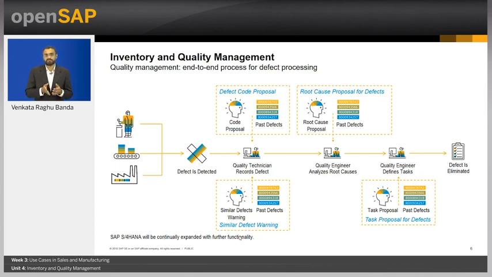The first section was focused on inventory management, a continuation of unit 3, where we identified how a production planner, in addition to an inventory manager, can identify and maintain the stock levels so that the stock is not too high or too low, and levels are maintained at a better rate. And then we went into a demo of that particular use case, identifying what is a predictive scenario and how it is embedded into the S/4HANA business process.